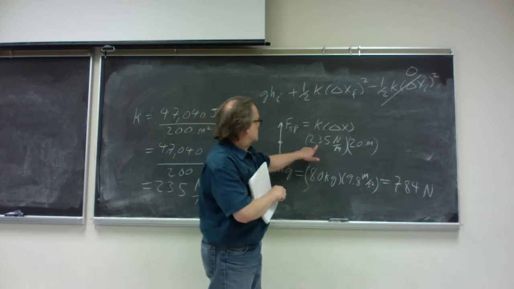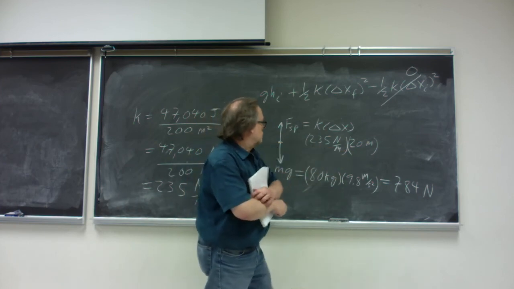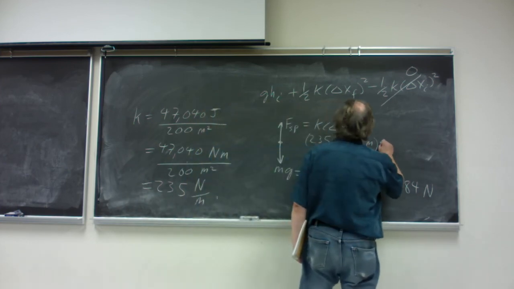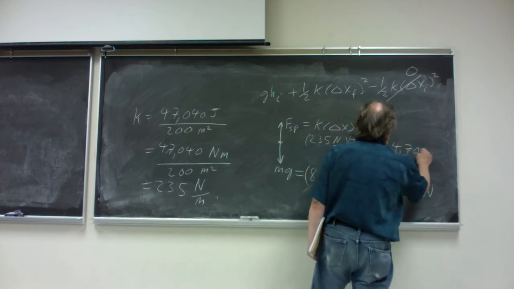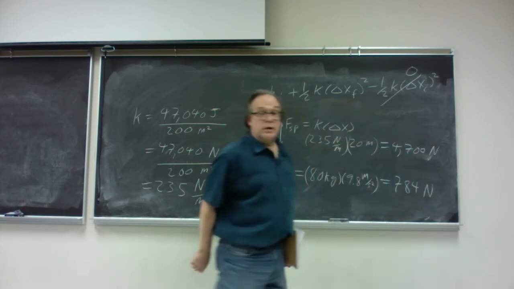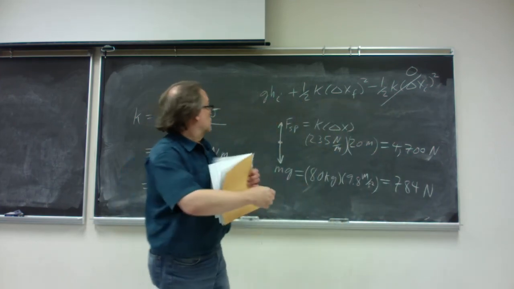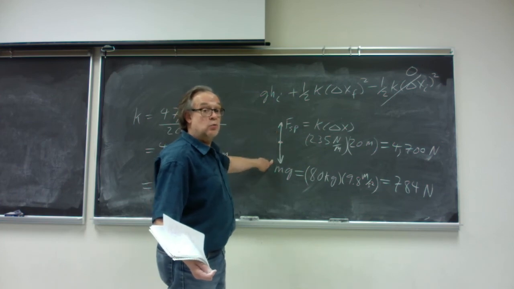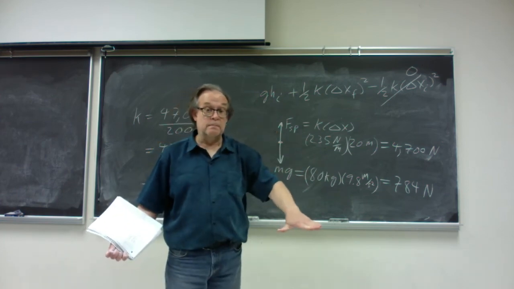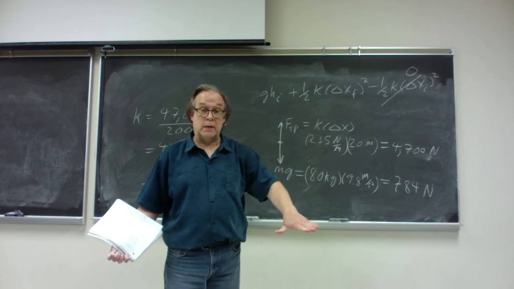So 235 times 20 is 4,700 newtons. In other words, the upward force is a lot stronger than the downward force at that moment when the jumper has come to a stop.